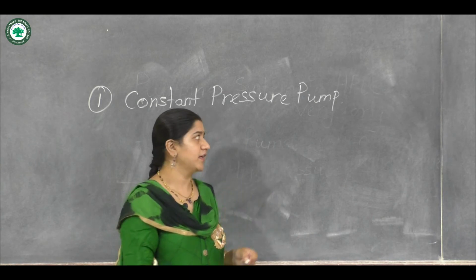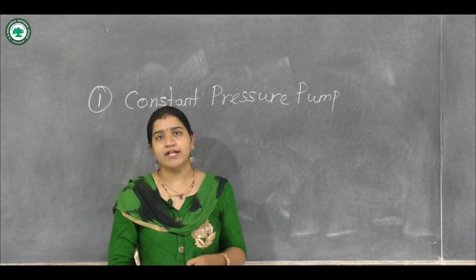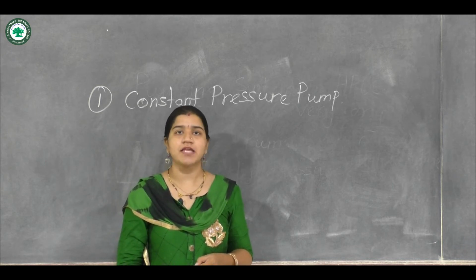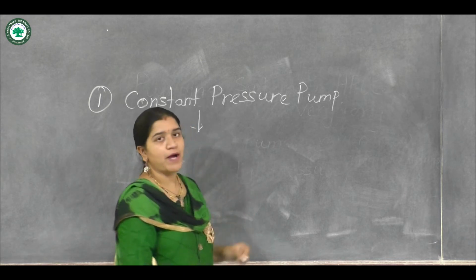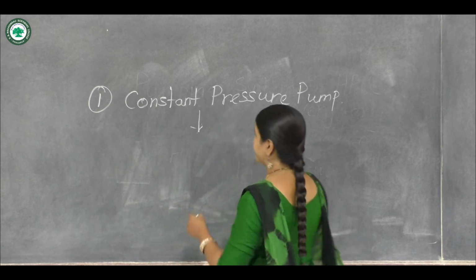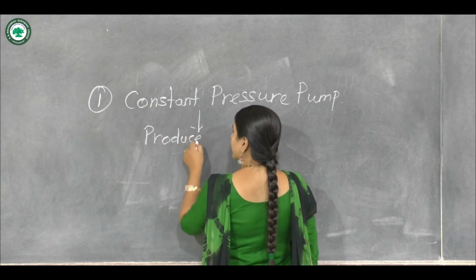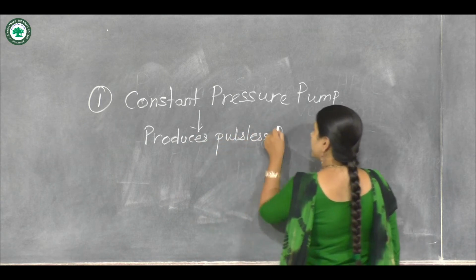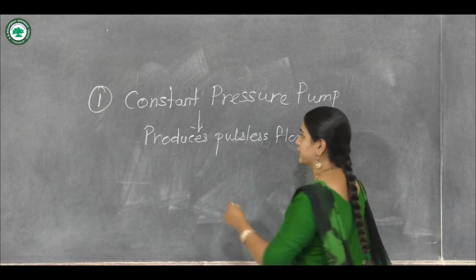As the name indicates, the constant pressure pump applies the constant pressure over the HPLC column. So this kind of pump produces a pulseless flow by applying the constant pressure.